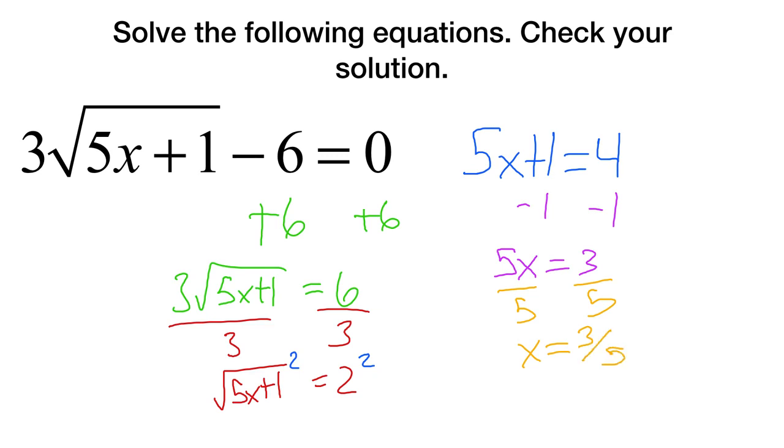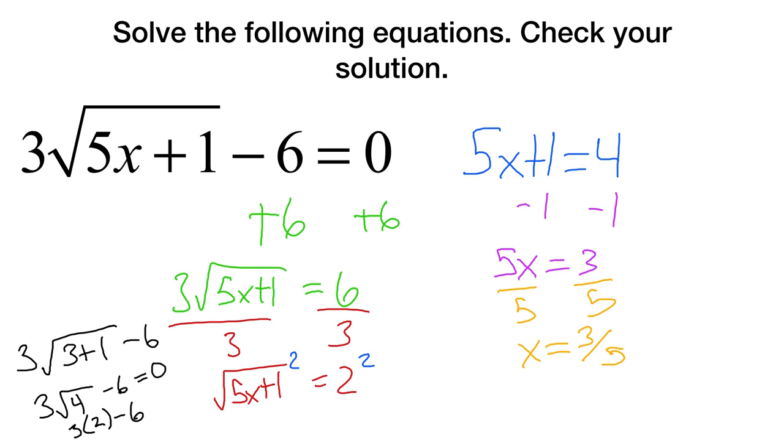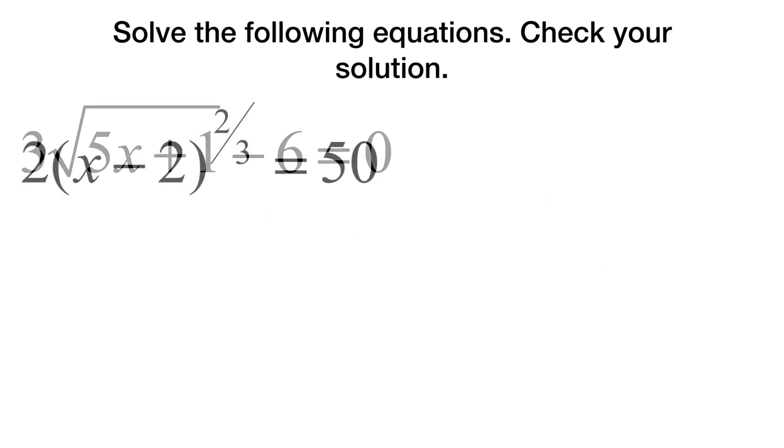If I plug this back in, this becomes 3 times the square root of, let's see, 3 fifths of 5 is just 3, plus 1, minus 6. So that's 3 square roots of 4, or 3 times 2, so that's 6. Minus 6 equals 0. Yep, meaning our answer is good.